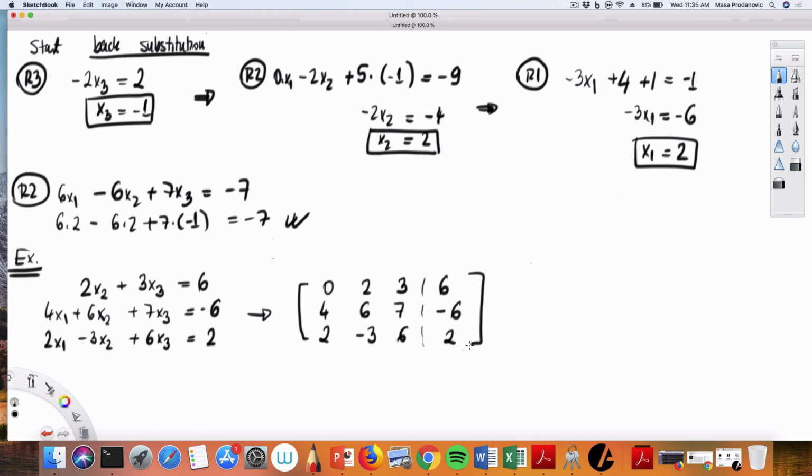So I want to make a 0 here, 0 here, 0. How can I do that using my first row? What can I multiply a 0 with and add to whatever other number to make that other number 0? Can't. But what can I do? Does the order of these equations matter? No. So we'll do that. So this is called partial pivoting.